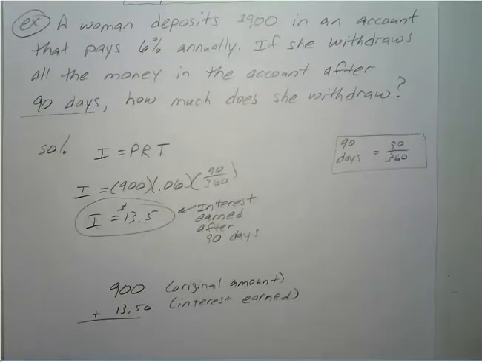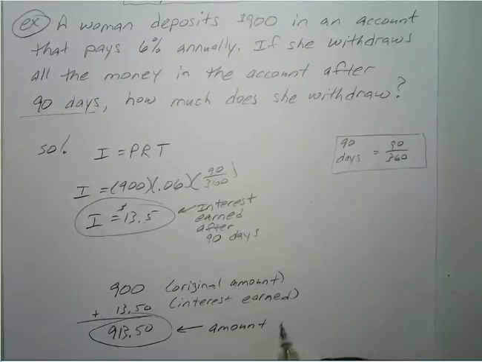That's equal to $913.50. And that's the amount that she would withdraw after 90 days. Okay, and this is just assuming that there are no penalties for early withdrawal or anything else that a bank may come up with. This is all assuming that no penalties are applied.